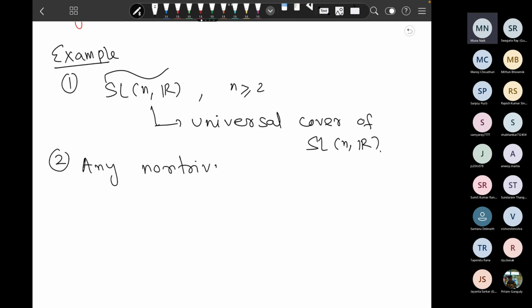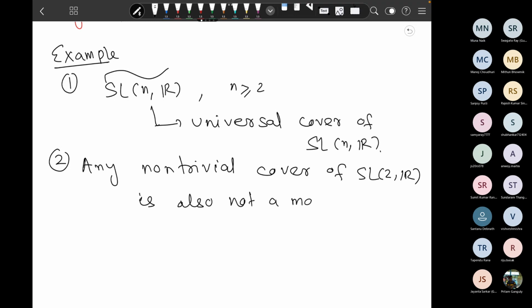So I am just saying that in fact any non-trivial connected cover of SL2R is also not a Lie group, not a matrix Lie group.